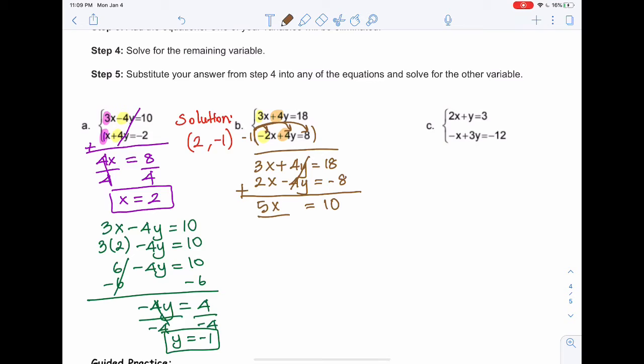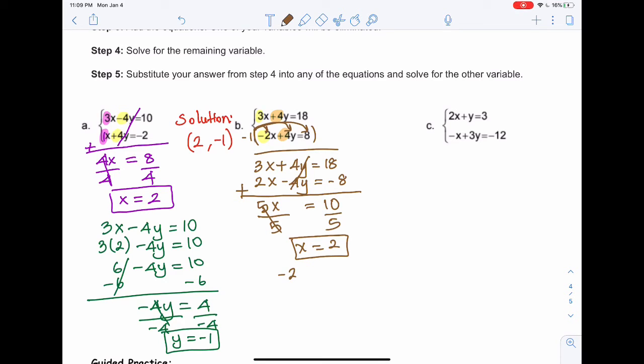And then I'm going to divide both sides by 5, and from here x will be 2. So we're done with our first variable. Let's choose any of the equations and substitute our number 2 for x. Let's choose the second one. It doesn't matter which one you want to substitute into.